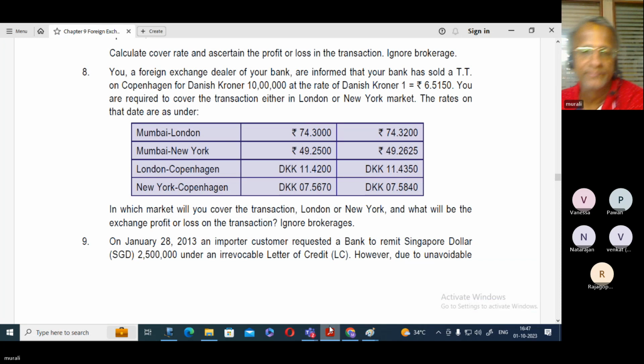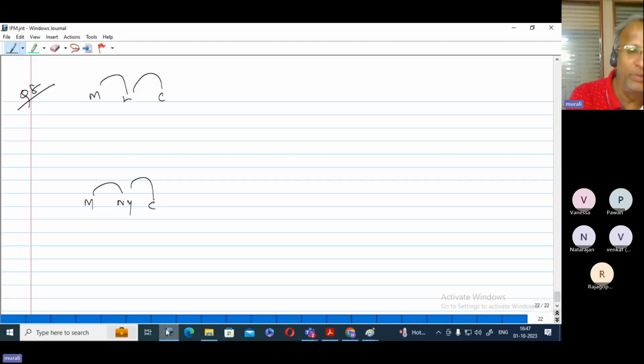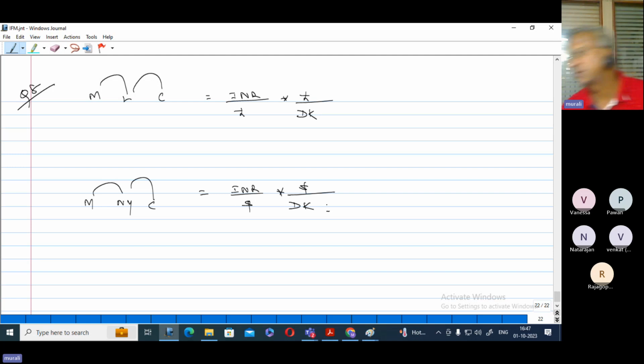Correct? So it should be INR to pound, pound to Danish krona. Here, INR to dollar, dollar to Danish krona. Correct? Yes or no?